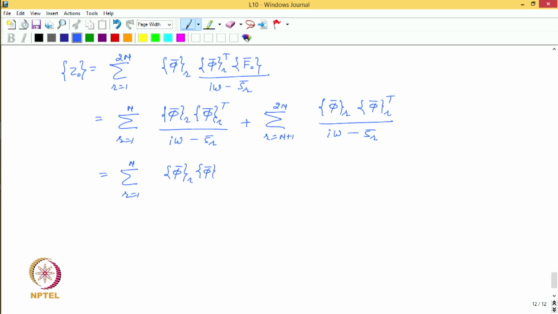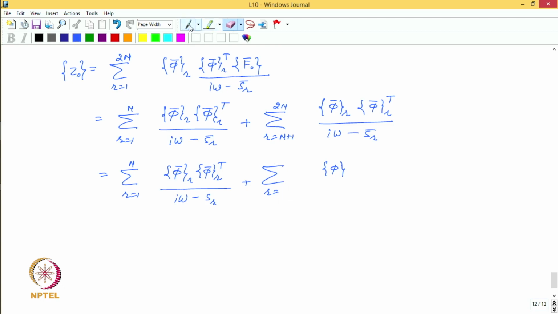So, let us represent the eigenvalues from 1 to n by S r, and represent the next set of n eigenvalues and eigenvectors using the complex conjugate property. In fact, we can change the limits also.